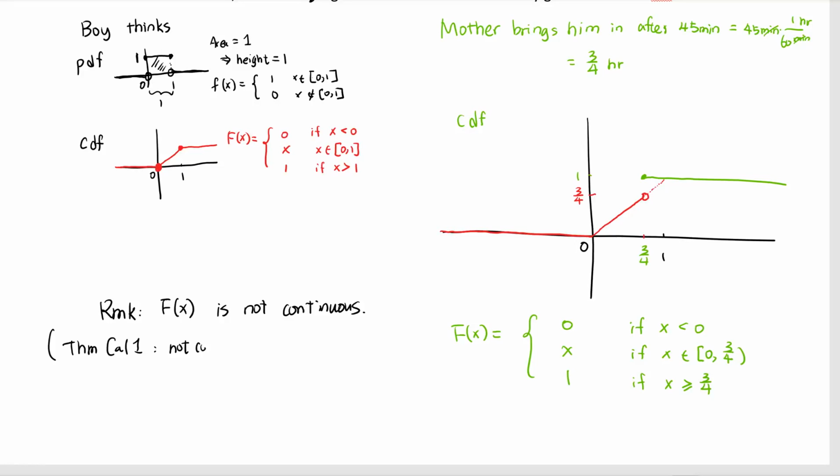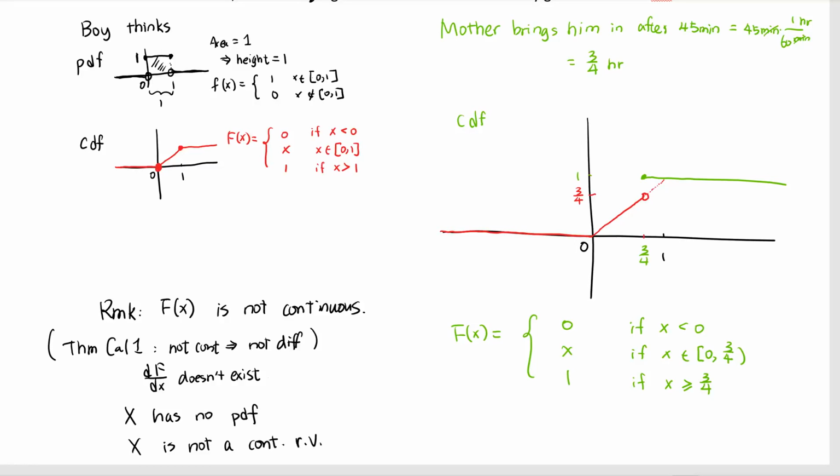So not continuous implies not differentiable. So dF/dx does not exist, so you won't get a PDF. That's why X has no PDF. Because it has no PDF, X is not a continuous random variable.